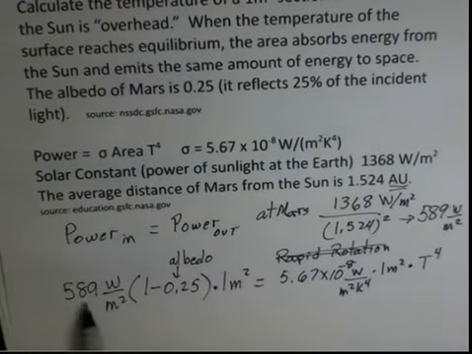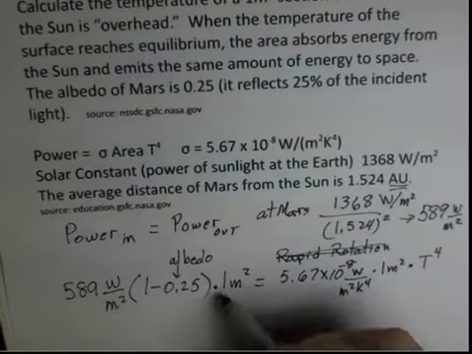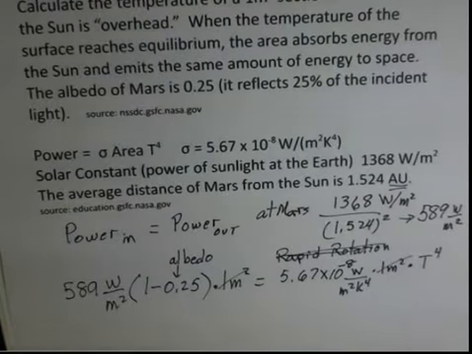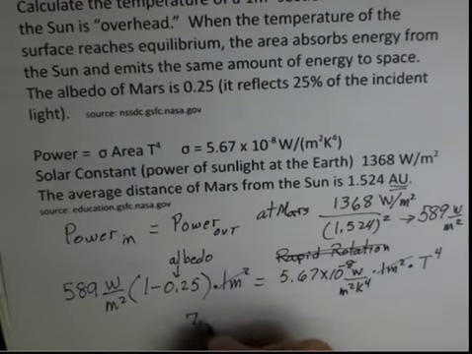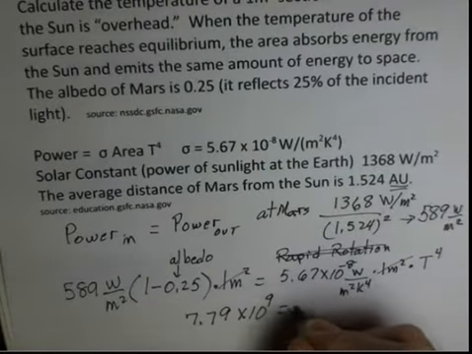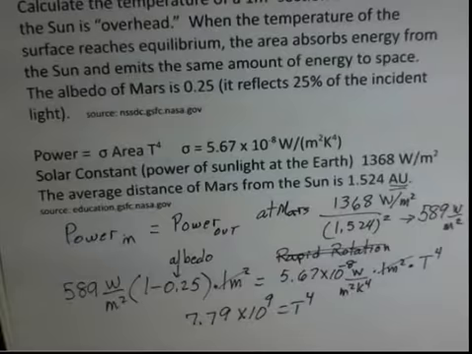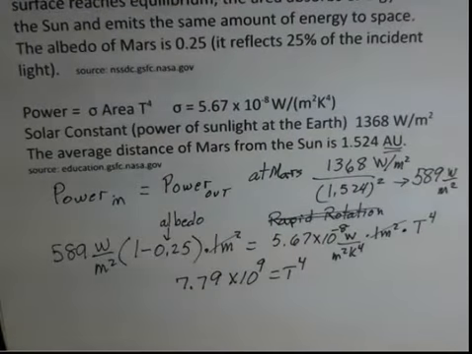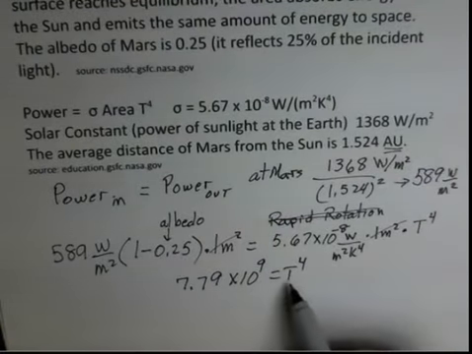Welcome back. You took 589 times 0.75. You didn't do anything with the 1 square meter. You did divide by Stefan's constant. And hopefully what you came up with is something similar to this. 7.79 times 10 to the 9th is temperature to the 4th power. And if you don't have an arbitrary root on your calculator, we need to take the 4th root of both sides.